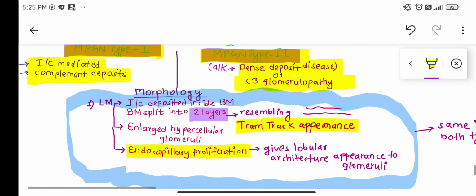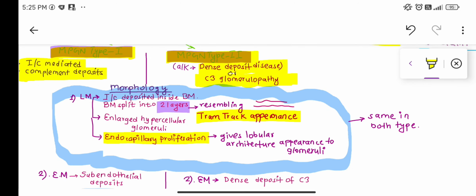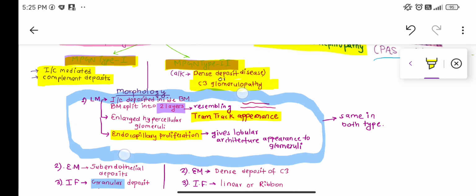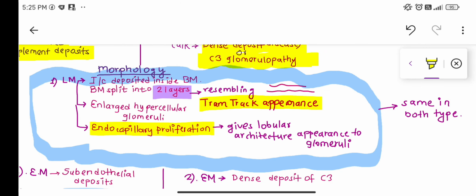Now we have to know the morphology. On light microscopy the appearance of MPGN type 1 and type 2 is the same. There is immune complex deposited inside the basement membrane, so due to the deposition, the basement membrane will split into two layers. It will resemble a tram track appearance.